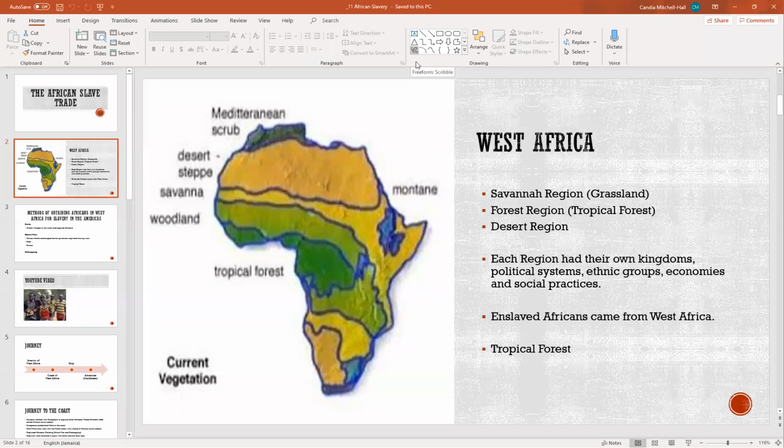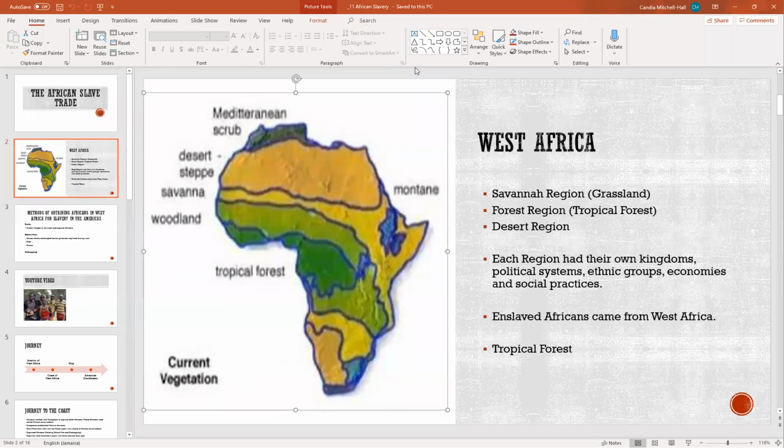You also see some of the great civilizations in what we now call Ethiopia. In fact, one of the oldest churches, if not the oldest church in the world, I believe, is in Ethiopia.